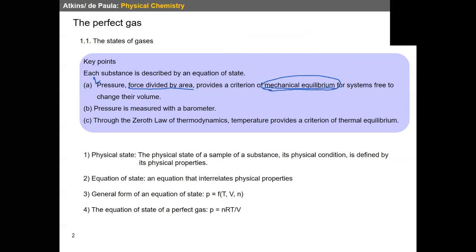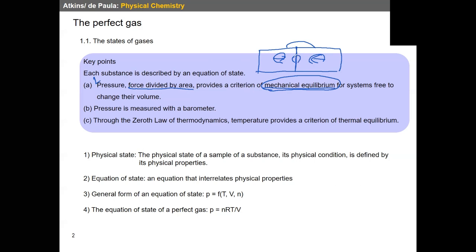We will talk about this mechanical equilibrium in the next slide, but briefly: if there is a box with a movable wall, and there is a force here and also a force here, and there is a gap between these two forces, how will this movable wall work?